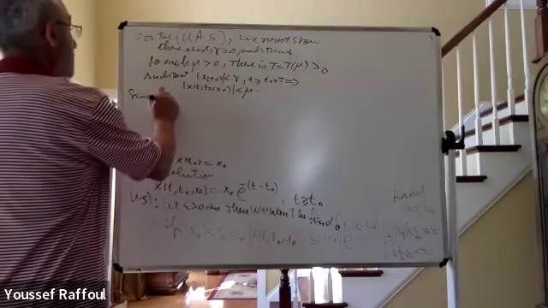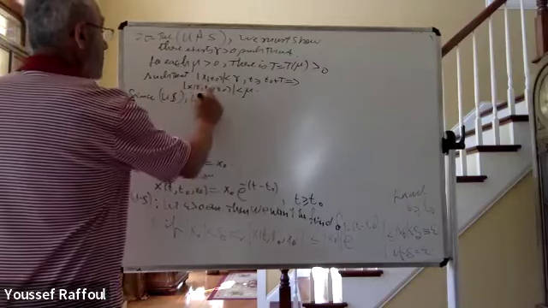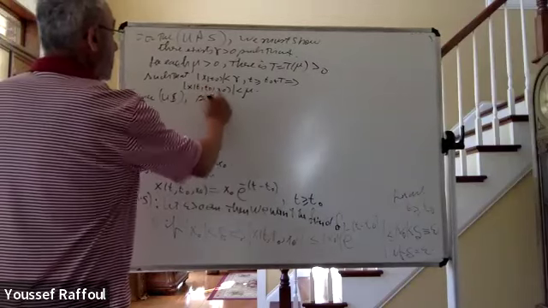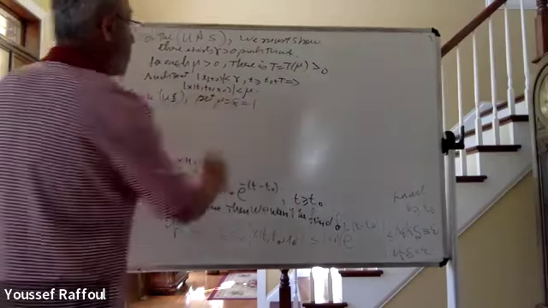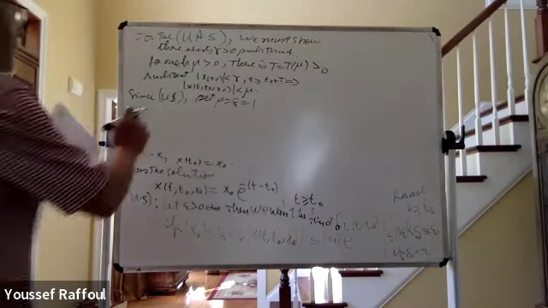Since it's uniformly stable, set mu equal to delta equal 1. This is from the uniform stability. Sorry, gamma.